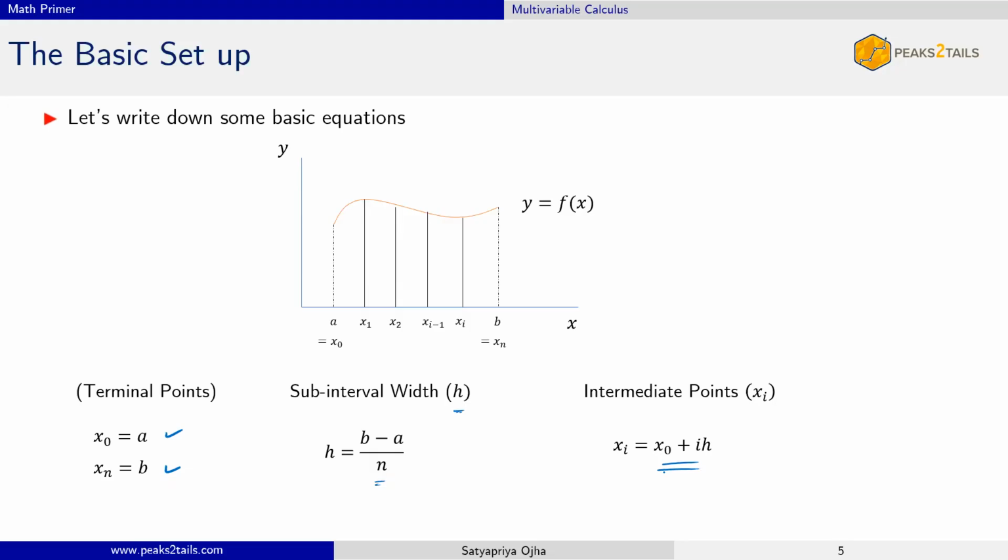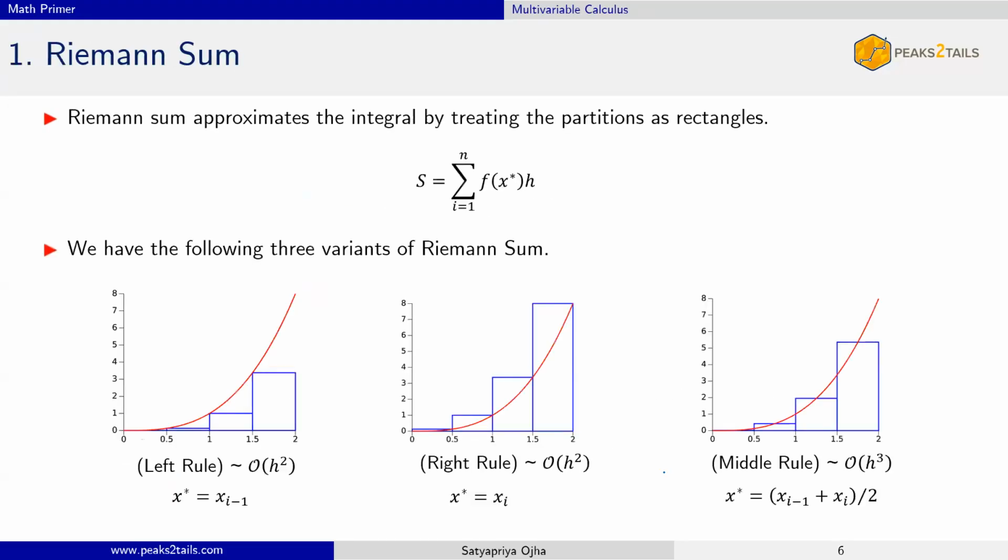The first and foremost important idea is a Riemann sum. Riemann is one of the most famous mathematicians of all time. As per him, a definite integral can be seen as a Riemann sum. This Riemann sum we'll revisit when we talk about Brownian motion in stochastic calculus.